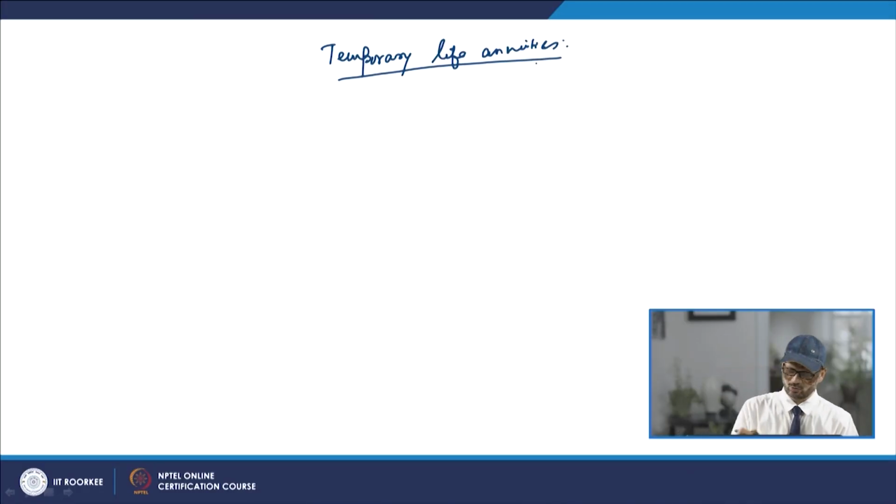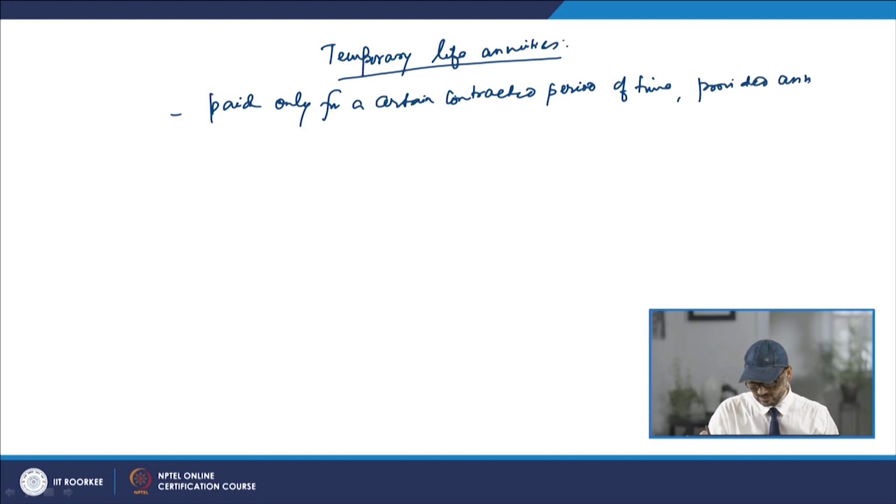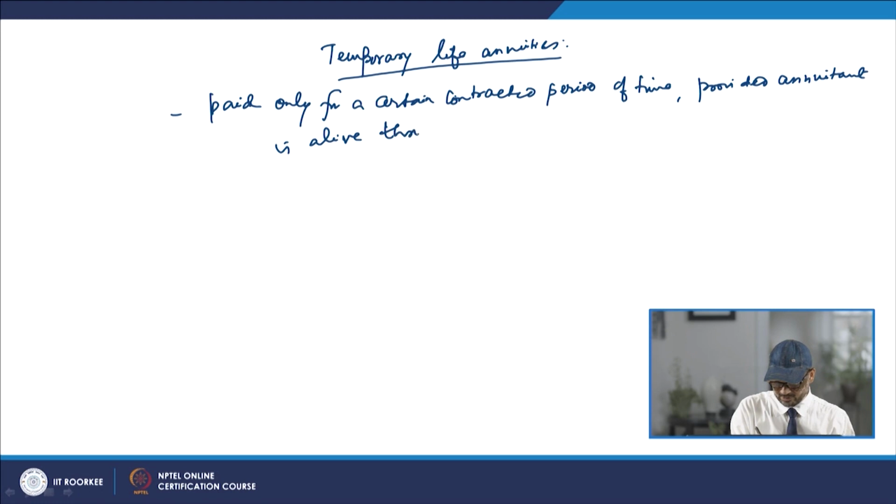It is paid only for a certain contracted period of time, and there also you have a condition, provided the annuitant is alive throughout that period.